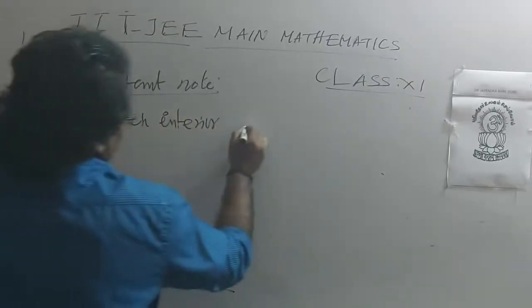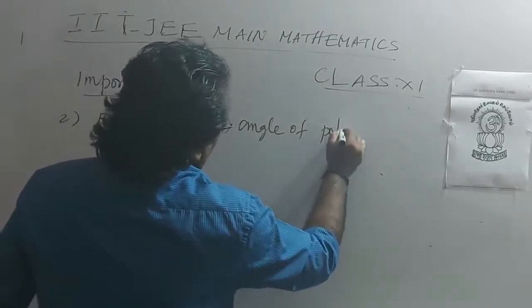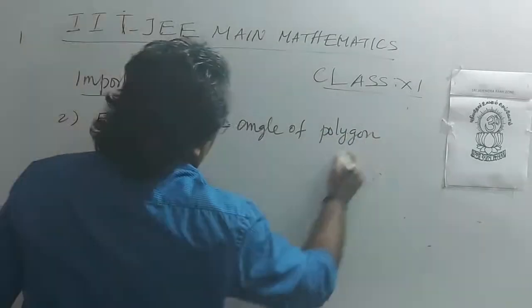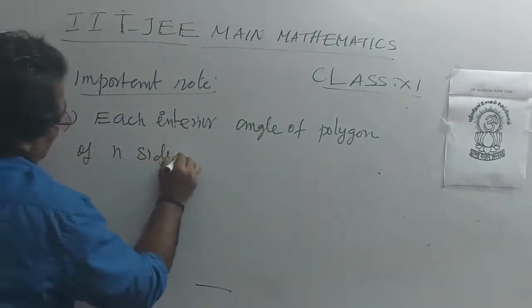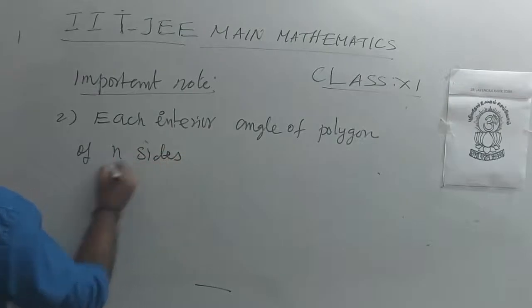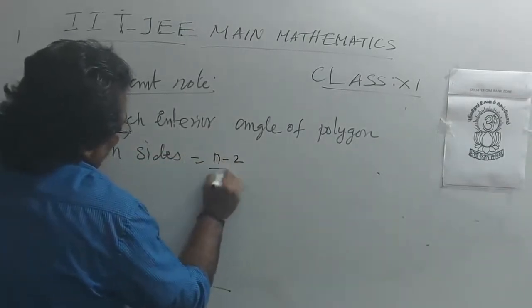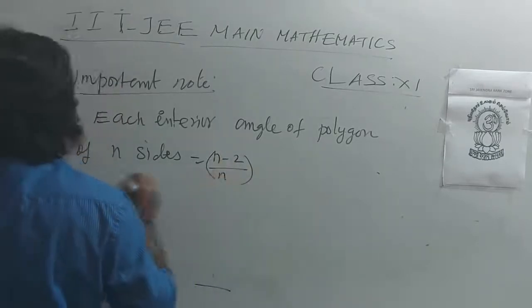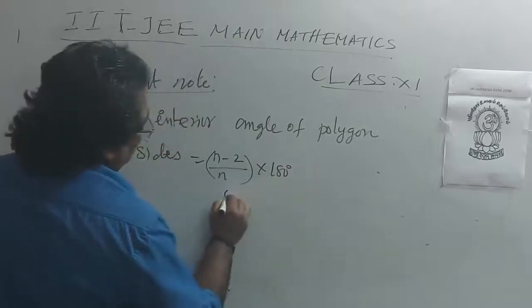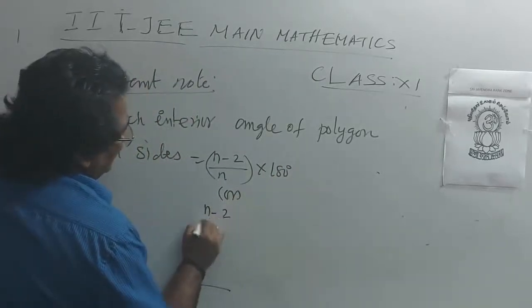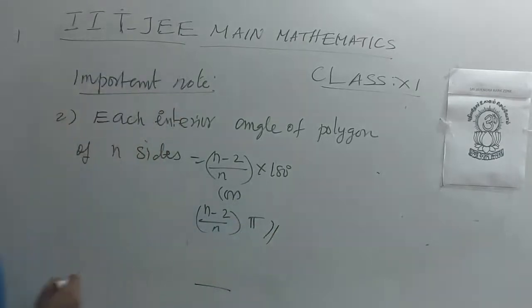Each interior angle of a polygon of n sides equals n minus 2 by n into 180 degree, or n minus 2 by n into pi.